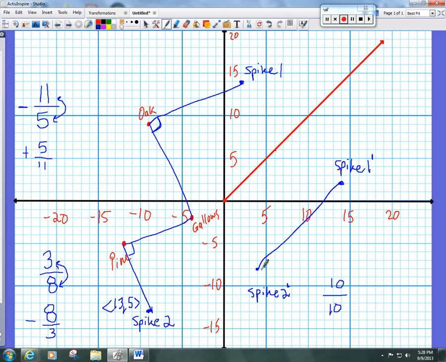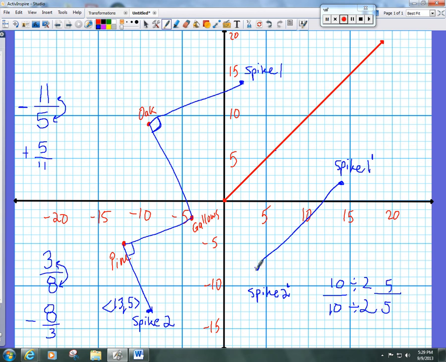And I know that's positive because I picked my most left point, and I'm going in an upward motion, which makes that positive. Well, if I know the treasure's halfway between both these spikes, let's just take half of my numerator and then half of my denominator, and I end up getting 5 over 5.